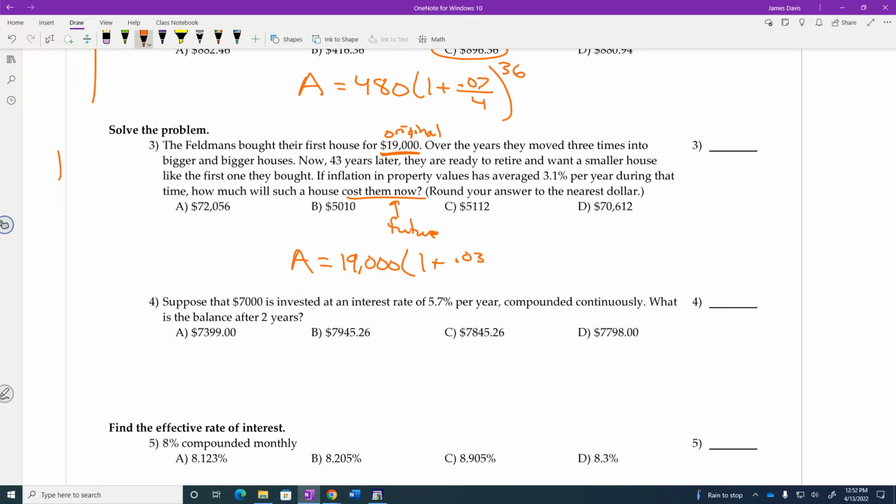And this is per year, so it's just over 1. You don't need to write anything per year. So the n times t, the n is 1, and the t is 43. Again, you just need to write it out, plug it in, and you should get $70,612.